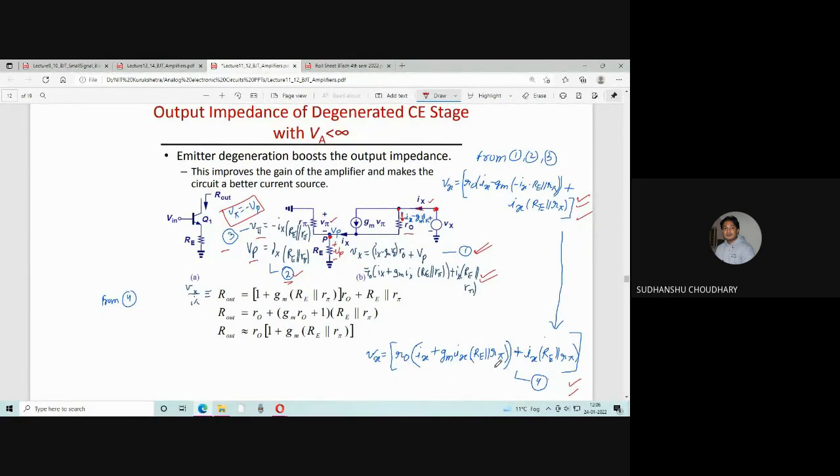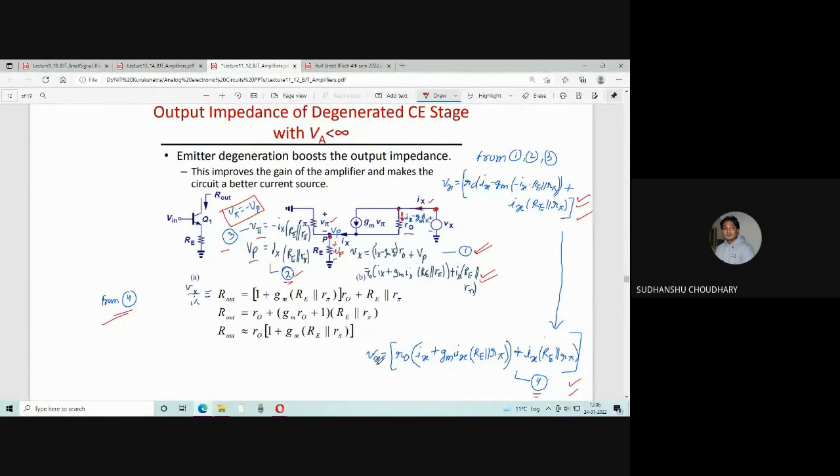Now from equation 4, I can find out Vx by Ix, which is R out. So Vx by Ix is actually the output impedance.